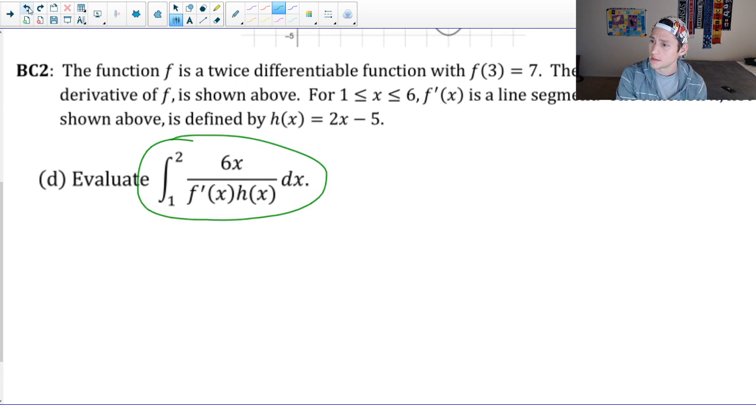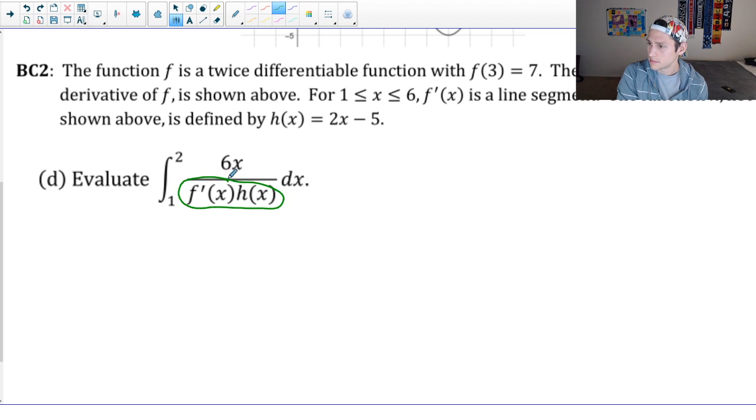Now, since I'm looking at the denominator and I see a product of two functions specifically in the denominator, and again, there's no way I can make a u substitution here that would somehow get rid of all of those pieces, the h of x, the f prime of x, and the 6x. I've got nothing.